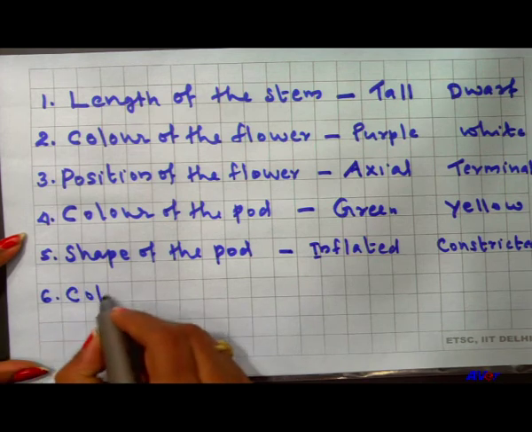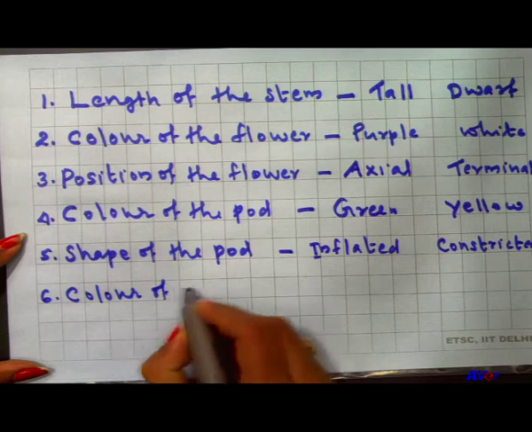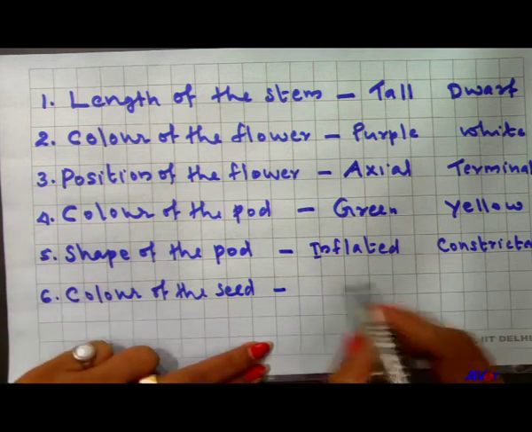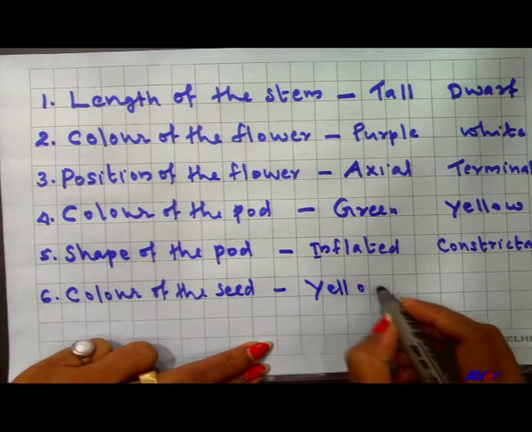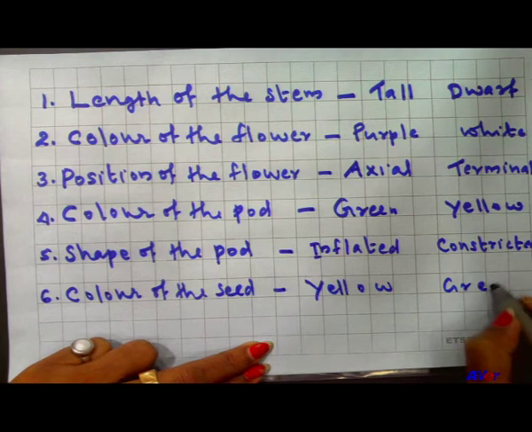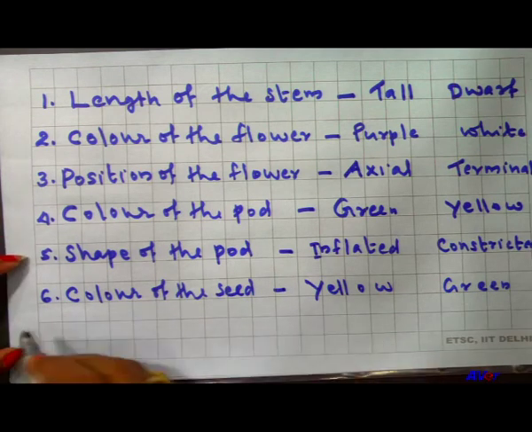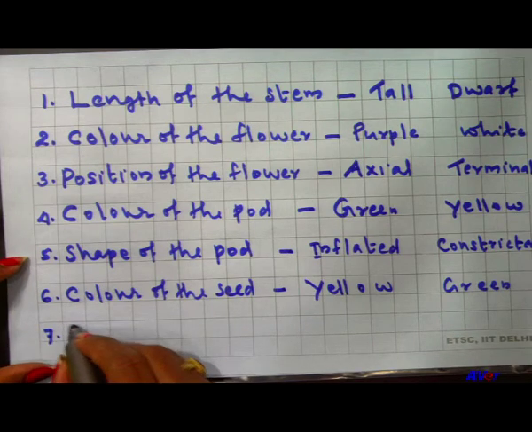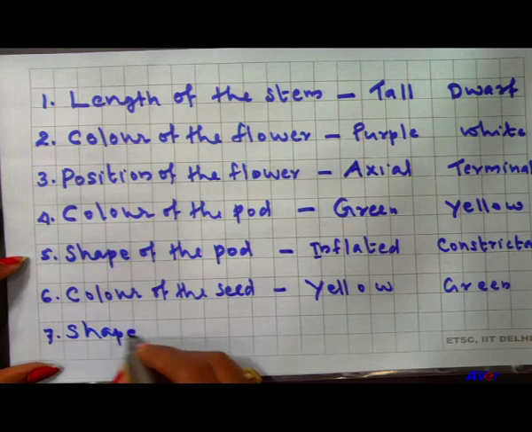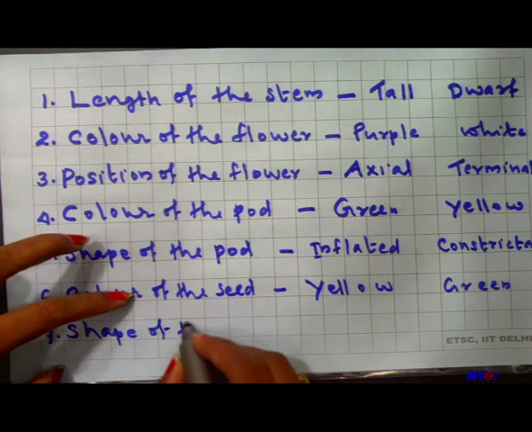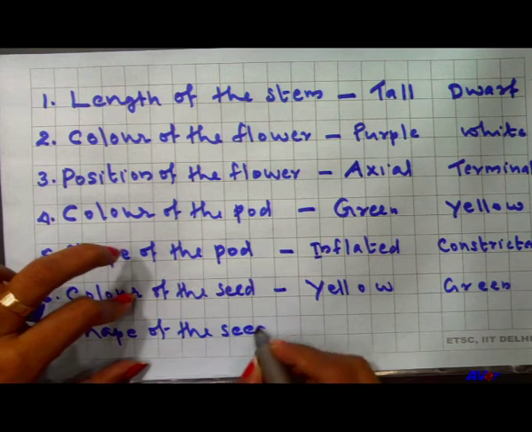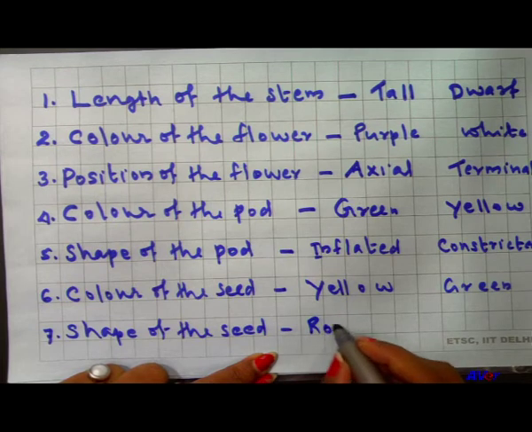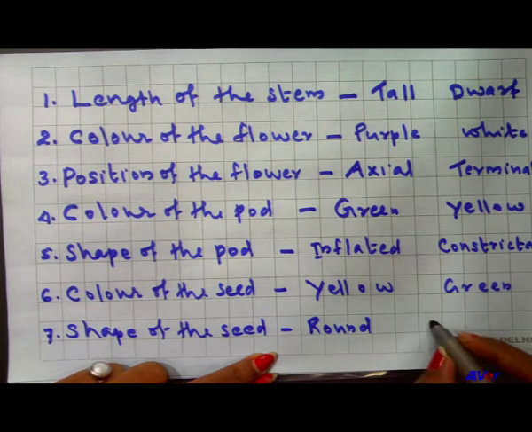Color of the seed, yellow and green. Shape of the seed, here comes round and wrinkled.